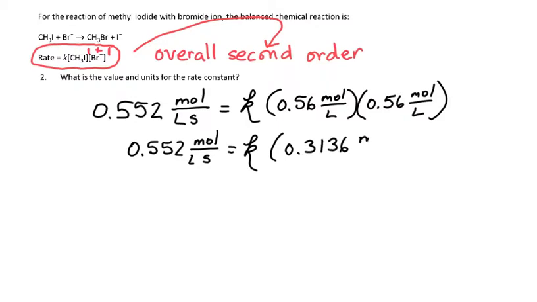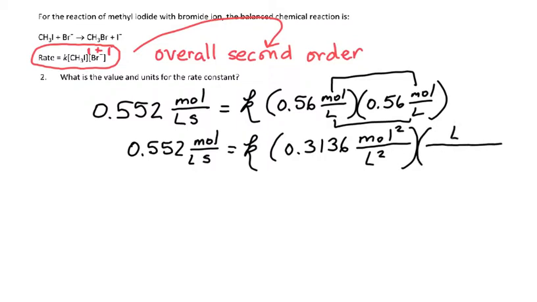And the units are going to be moles squared per liters squared: moles times moles on the top, liters times liters on the bottom. Now we're going to multiply by liters squared over 0.3136 moles squared. What you do to the left-hand side has to be what you do to the right-hand side.